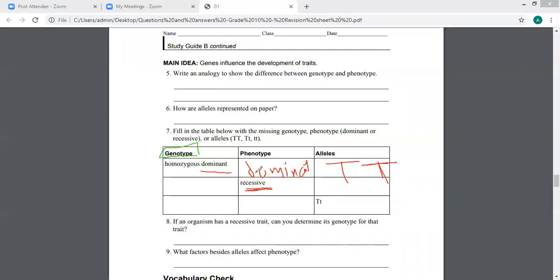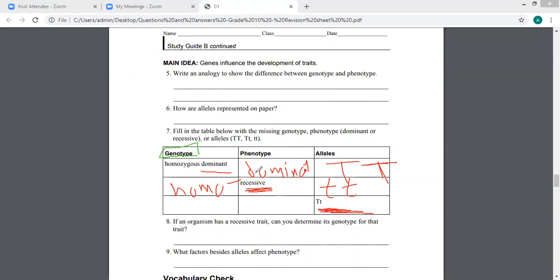The phenotype is recessive. Recessive is always pure, so recessive is always homozygous. So the genotype will be homozygous, and the alleles of recessive are small letters, two similar small letters, T small, T small. The last one, T capital, T small, represents the alleles.